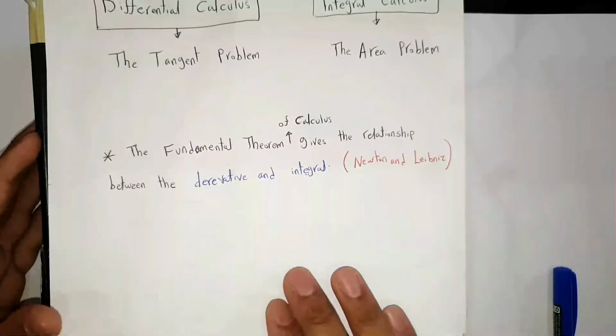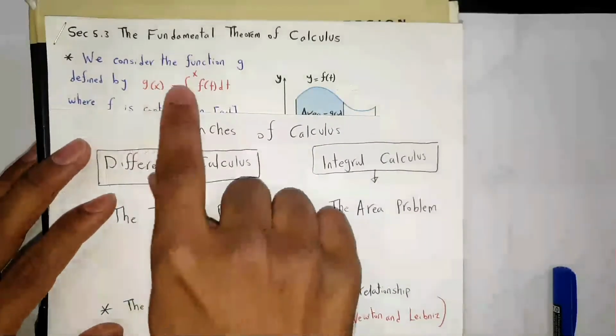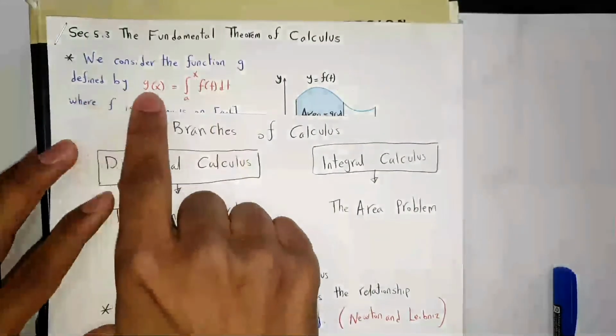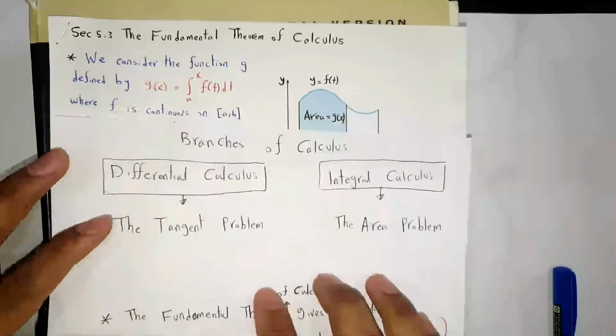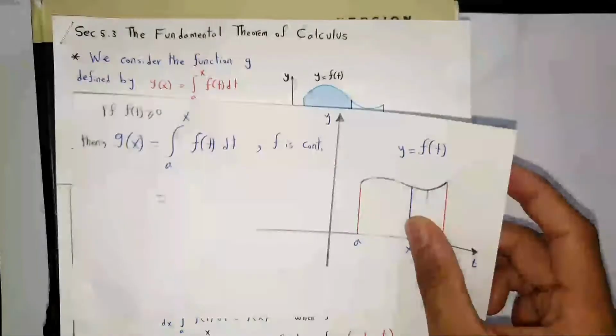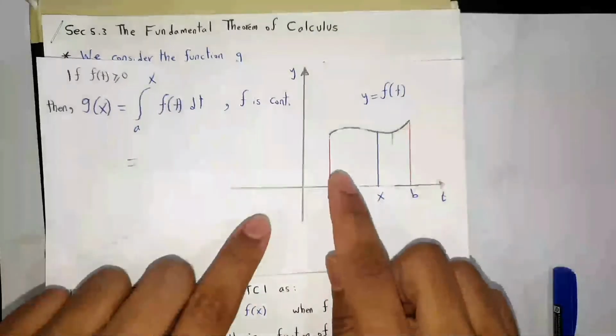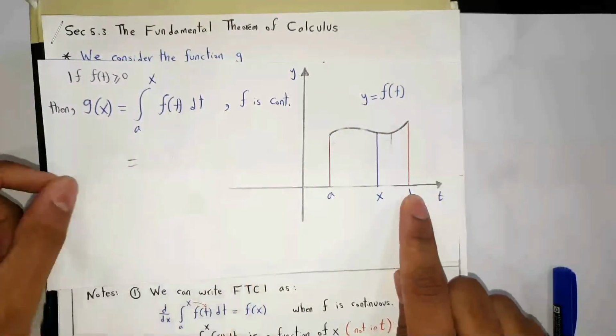Now, to start this section, we will consider a function g, defined by g of x equals the integral from a to x of f of t dt, and the graph is given here. This is y = f of t, and this is our interval [a, b].